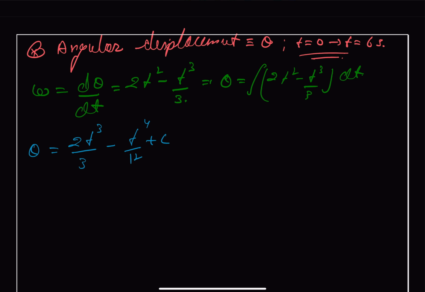Once again, initially the angle was 0 at t is equal to 0. Therefore, c will be equal to 0, giving us theta equal to 2 by 3 t cube minus t to the power 4 by 12.